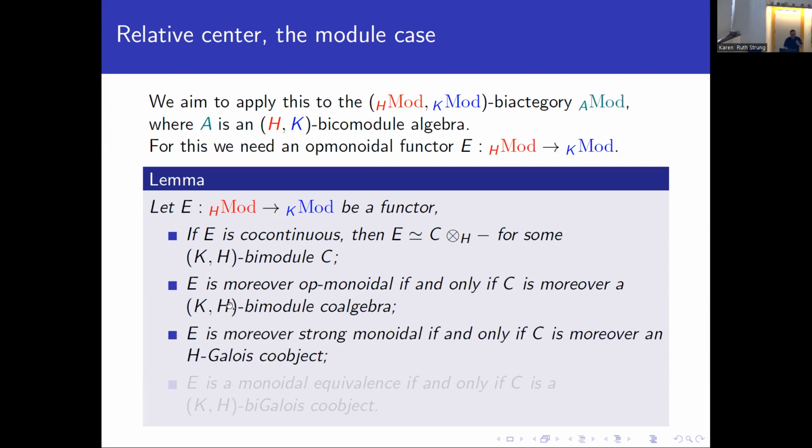And moreover, if E is not just monoidal but strong monoidal or a monoidal equivalence, then C becomes an H-Galois co-object. And this is probably the strongest one. So if E is a monoidal equivalence, then C becomes a KH bi-Galois co-object. And we will use this lemma for the construction of the center of A-module.